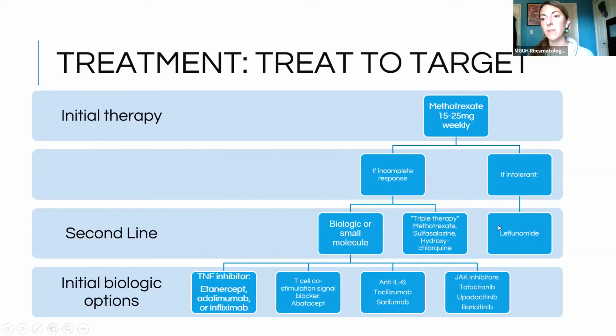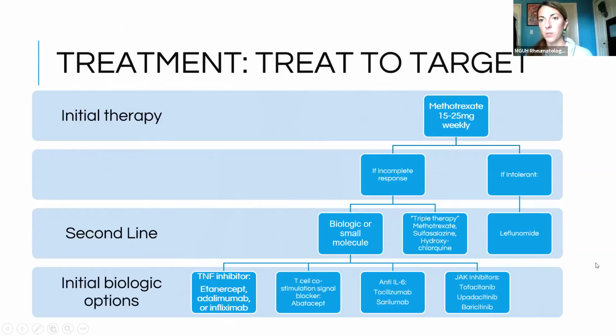Leflunomide needs even longer, and actually if someone's been on leflunomide, you have to give them a several-week course of cholestyramine to actually get the leflunomide out of their system because it's so heavily lipid bound. So there are certain circumstances where you're skipping this initial stage altogether and just jumping to safer medicines like etanercept or the biologics, which have much better safety in pregnancy.